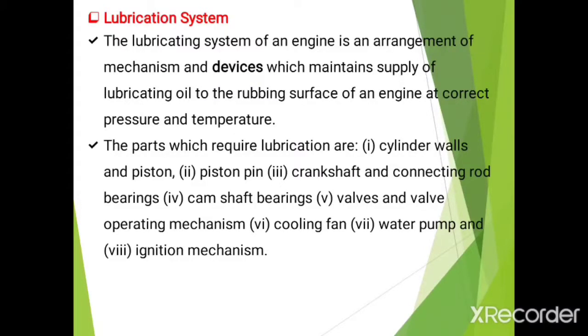This can be reduced when a thin film of oil is placed between them so that the parts ride on oil instead of riding on each other. This type of friction is termed fluid friction. Hence the purpose of lubrication is to substitute fluid friction for solid friction.